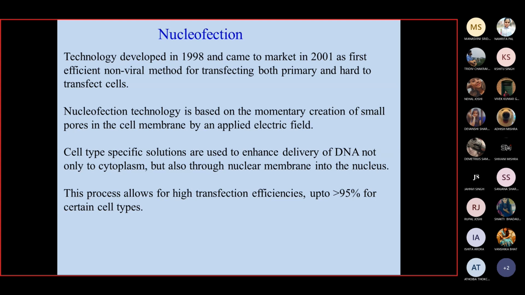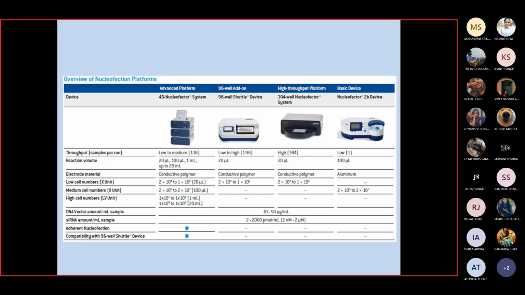Typically when you look at transformation, it is around anywhere between 70 to 90%. Here, with this, you can get efficiency greater than 95%, and it basically remains constant. Unless the solution has gone bad, or the cells have gone bad, then it becomes difficult.